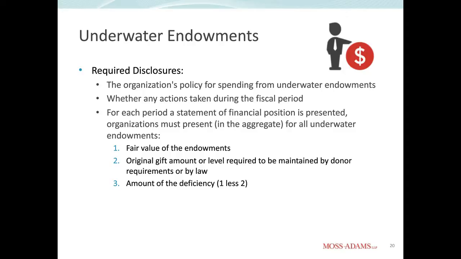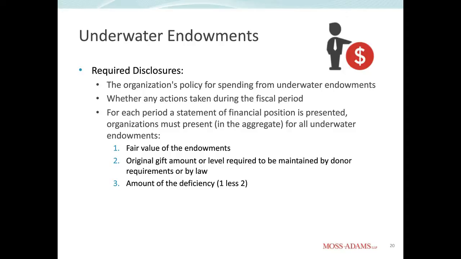There are some required disclosures related to this. You do have to disclose your policy for spending from underwater endowments, whether or not you've taken any actions during the fiscal period related to those.